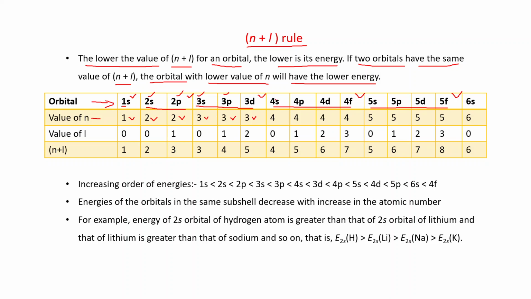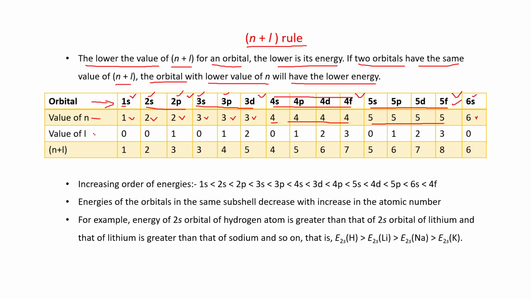Then all the 4s, 4p, 4d, 4f have value of n equal to 4. In the same way, 5s, 5p, 5d and 5f have value of n equal to 5, and for 6s the value of n is 6.